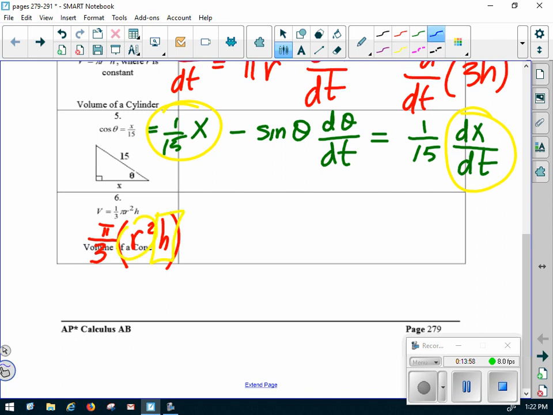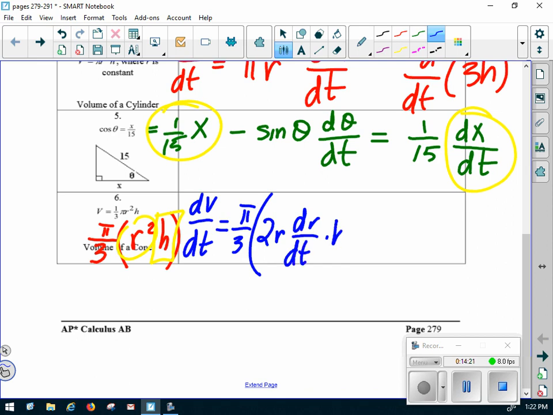All right, here we go. dV dt equals pi over 3 times, perfect, 2r dr dt times... that's perfect.